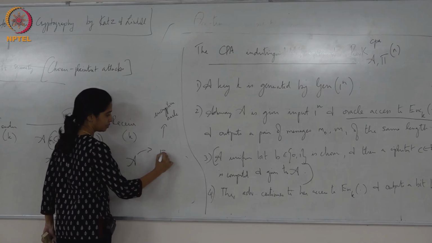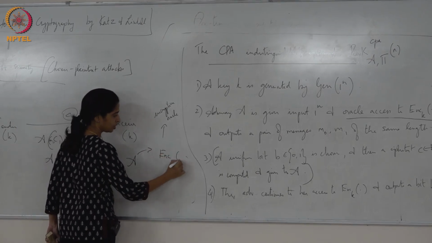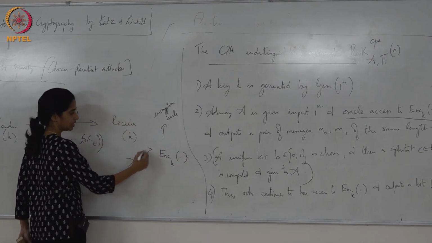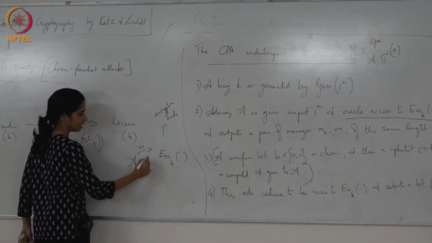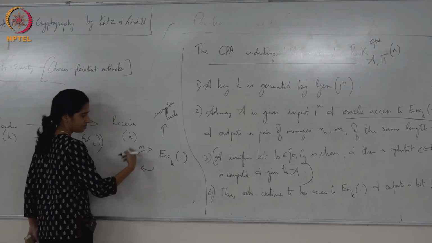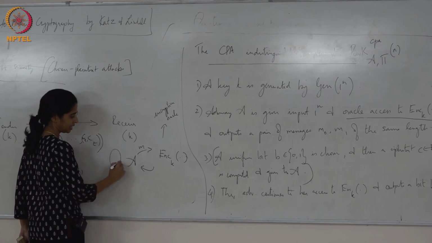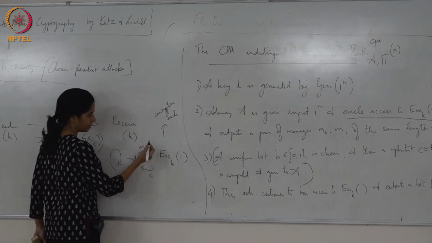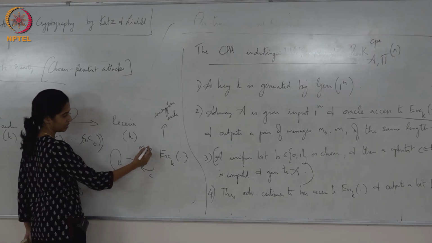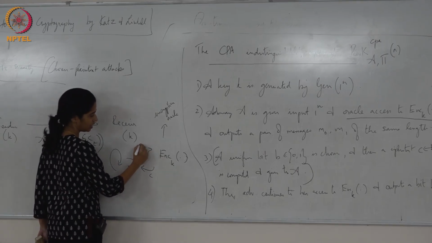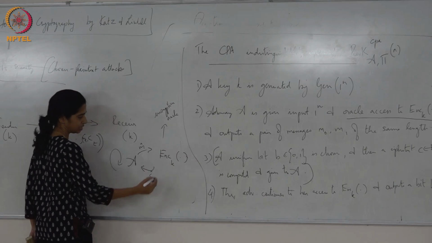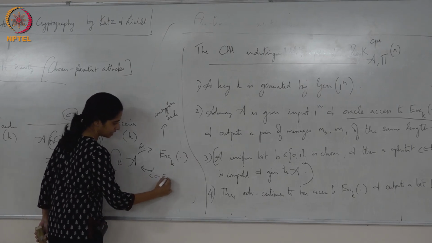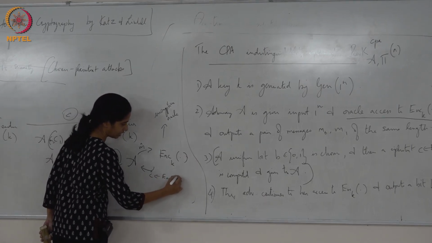There is an encryption oracle to which the adversary can query M repeatedly and receive a response. Let me call it M hat to differentiate C hat from that C, where C hat is the encryption under K of M hat.